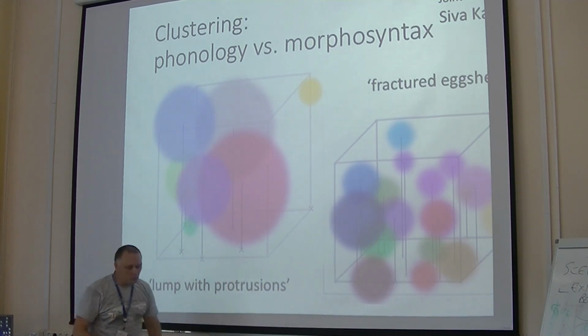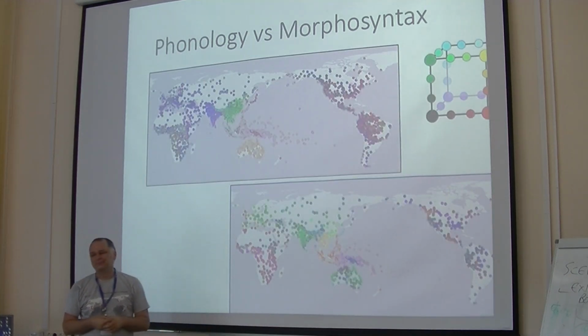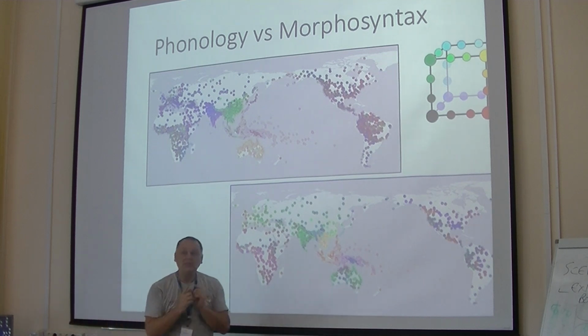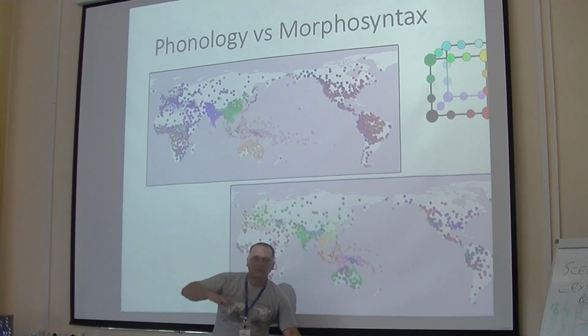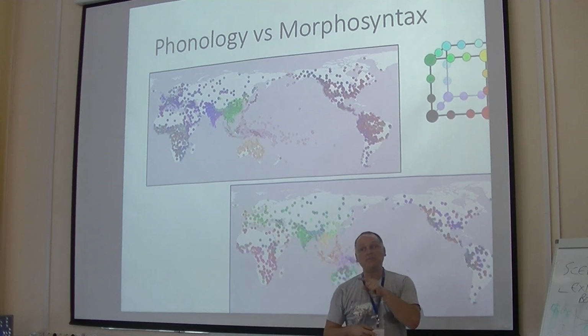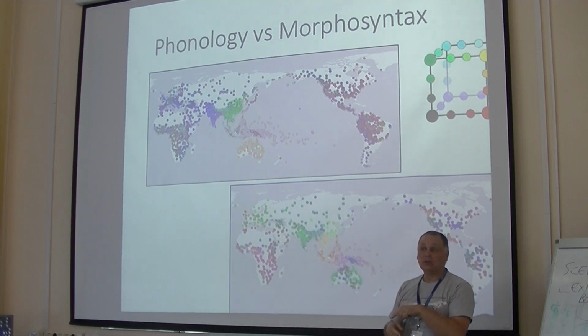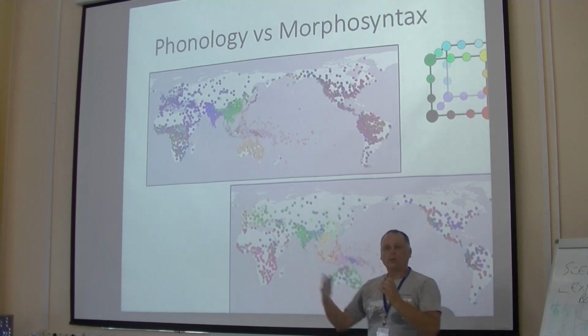So when you combine them, rather than getting a clearer story, you get a muckier story. It's not what you'd expect to find, but that's what happens. And I think it's because they give us different signals. The phonology gives us old substratal stuff, the morphosyntax gives us adstratal stuff. So keeping them separate, and keeping them separate from lexical material, and sound change material, because that definitely gives us a story, is good.